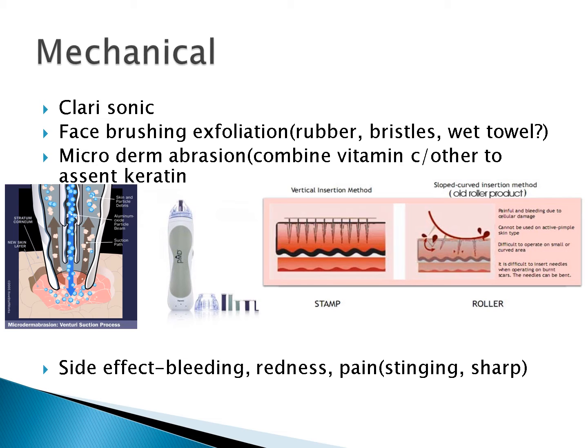So this can cause a sort of exfoliation and can be used not only to try to eliminate clogs, but also as an anti-scarring or scar rejuvenation method. There are side effects like bleeding and redness and pain, and for the most part you don't want to do something like a microdermabrasion unless you're, and this is 100% true, I would never recommend doing a microdermabrasion if you have active lesions.